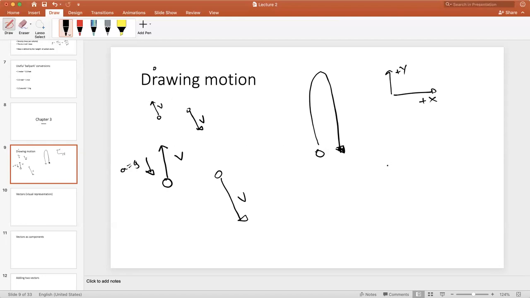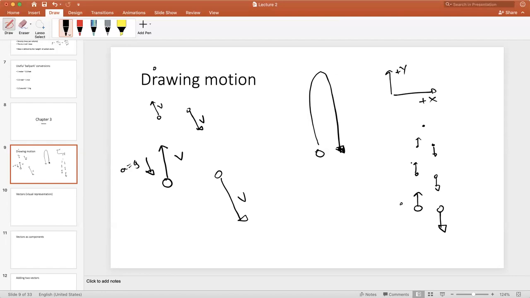So I basically have this picture that looks like this. V, V, V, 0, down, down, down. And each of these is a velocity vector at a specific time.